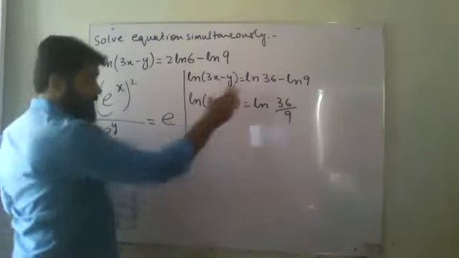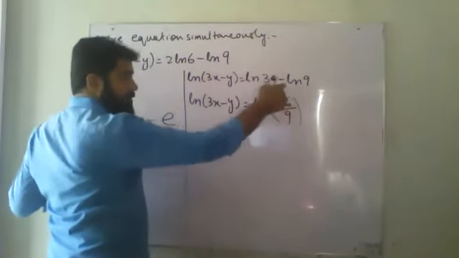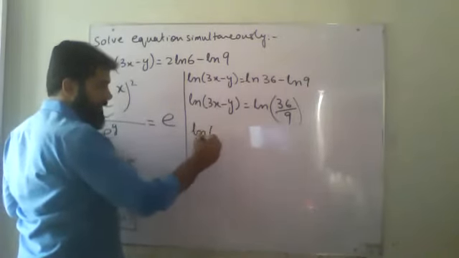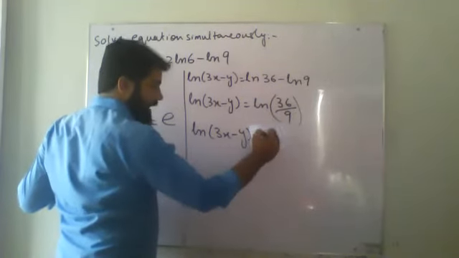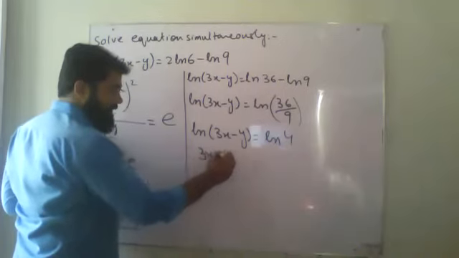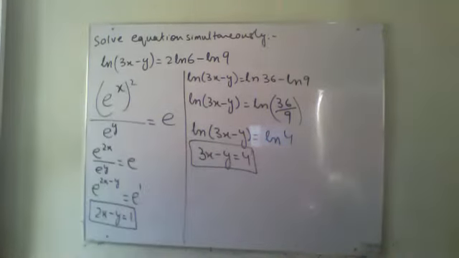Okay. These two are in subtraction form, so I have shifted them. I have removed ln from here, and it will be written in division form. ln 3x minus y equals to ln 4. Now ln and ln will be removed. 3x minus y equals to 4.